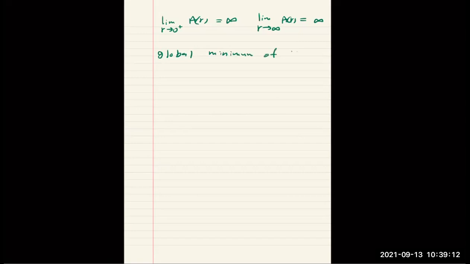So the global minimum of A of R occurs at R is equal to 710 divided by 4 pi to the power 1/3. And what is the global minimum value?